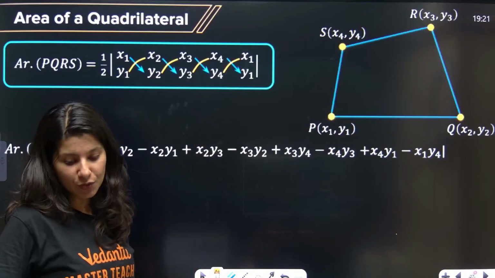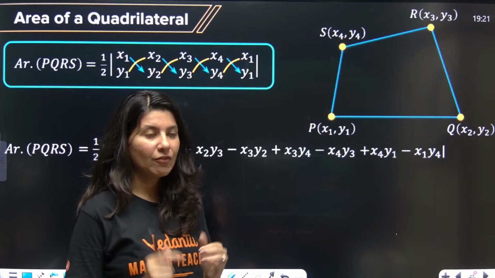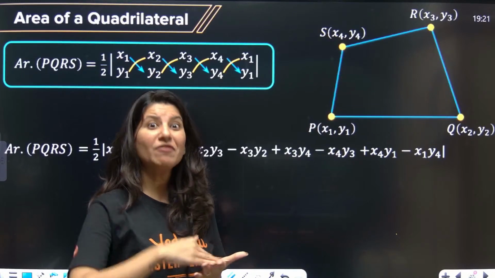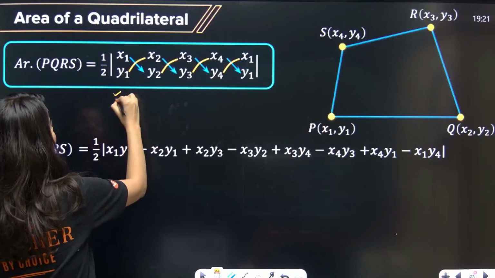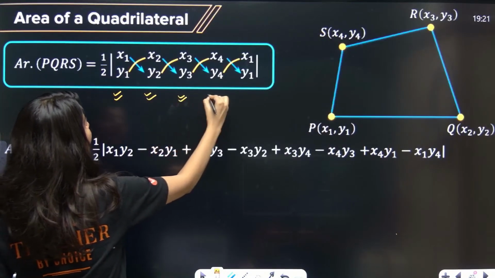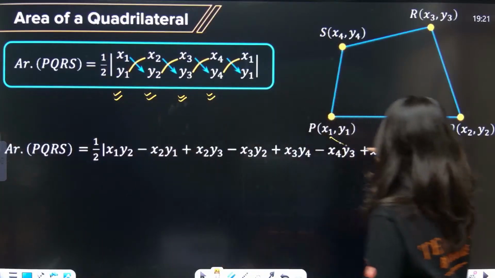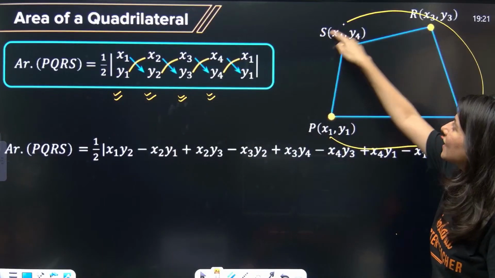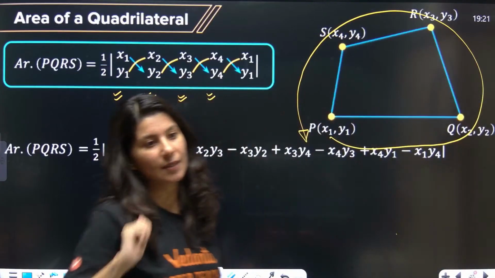Same thing we are going to do over here. So now we have got 4 points. If you are having 4 points, there will be 5 rows. Half modulus will also be there. x1, y1, x2, y2, x3, y3, x4, y4 and back to x1, y1. So a complete circle will be there.